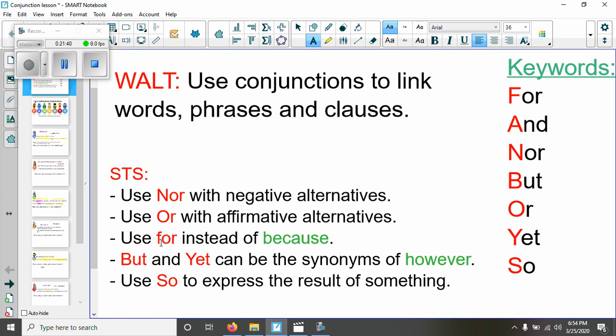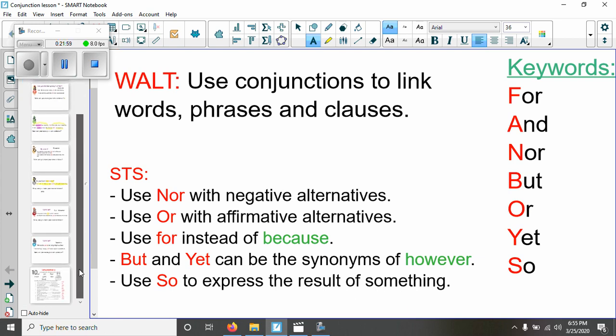And then we use for instead of because. As we said before, but and yet can be the synonyms of however. And finally, we use so to express the result of something, as I have just said. It's very important to go back to the steps to succeed. It can facilitate things for you.